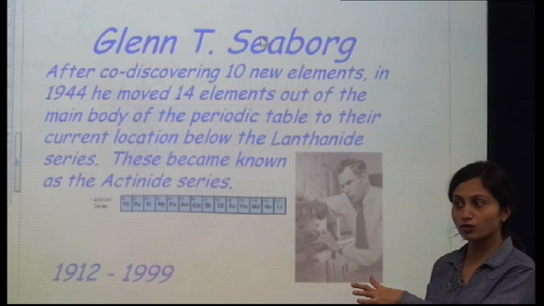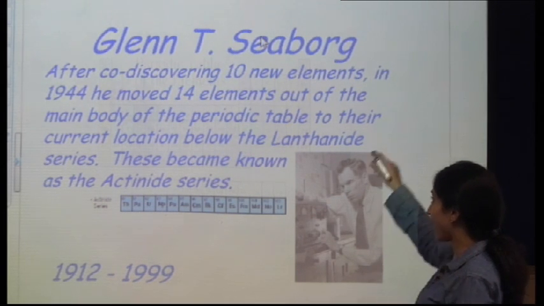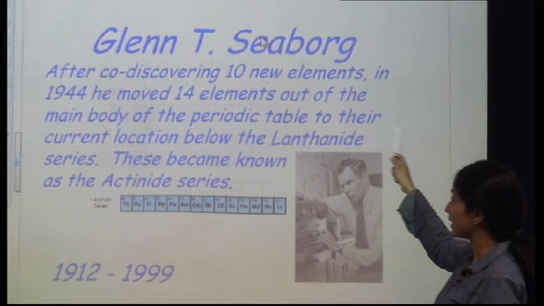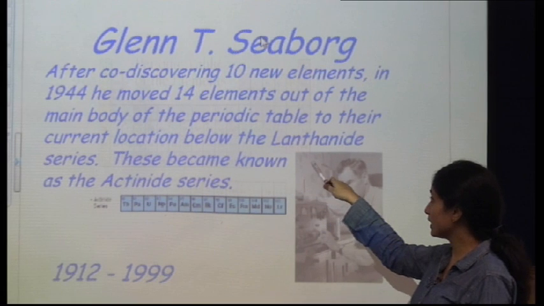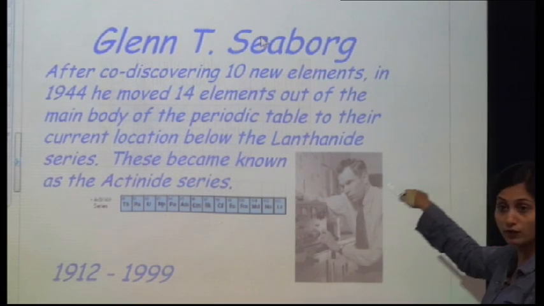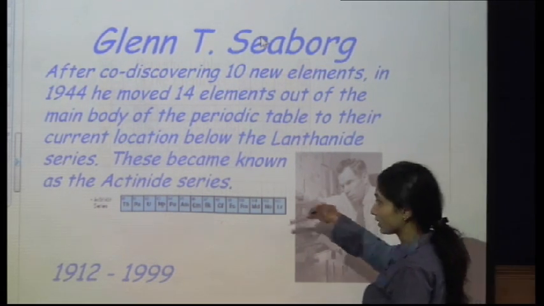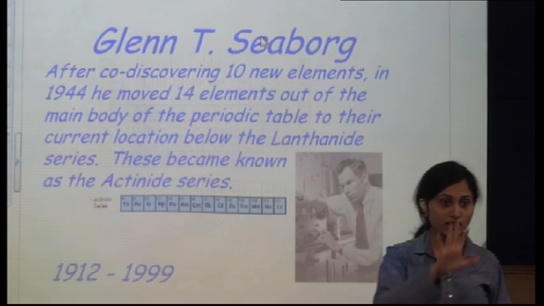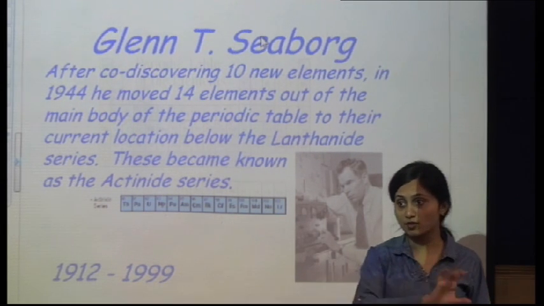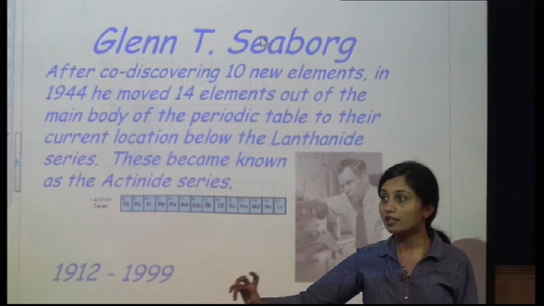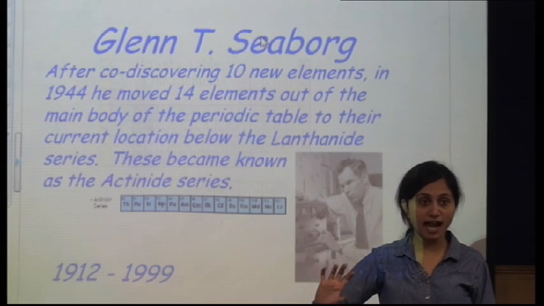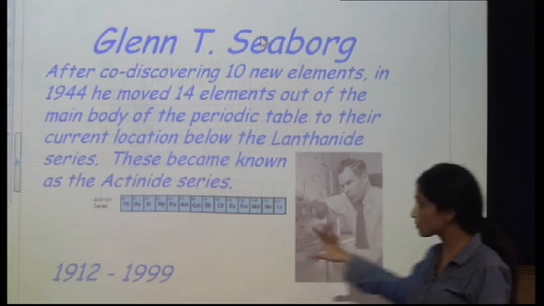Seaborg discovered 10 new elements in 1944. He moved 14 elements out of the main body of the periodic table. If you look at the periodic table, there are some elements placed at the bottom. Those are the lanthanides and the actinide series. So he was one of those.